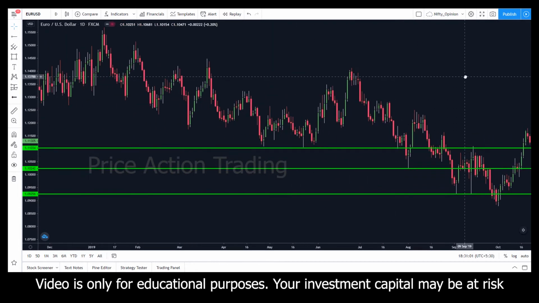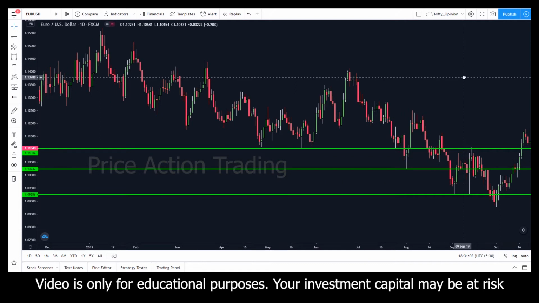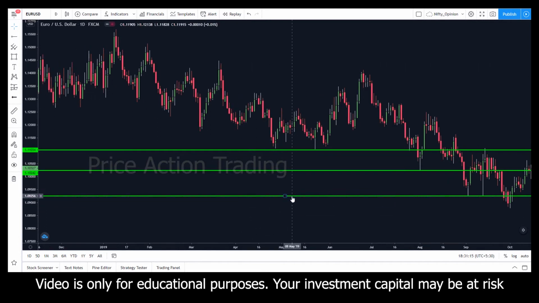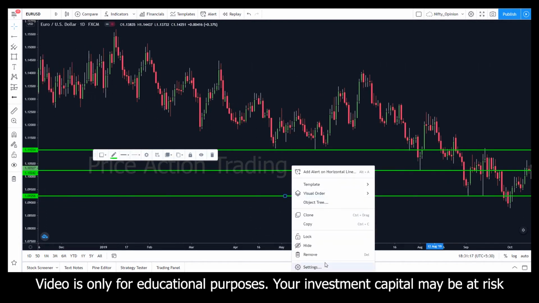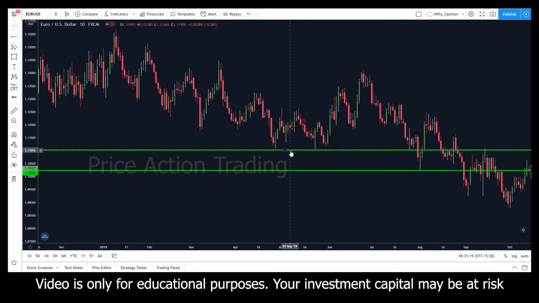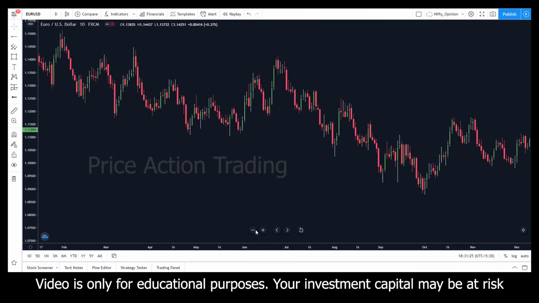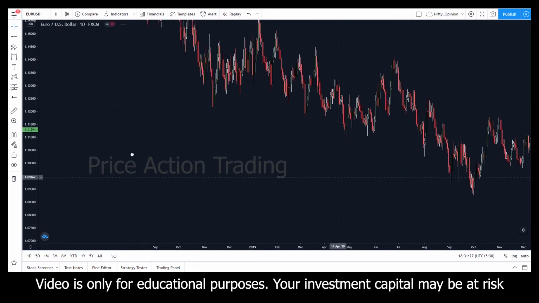So those are the three tips. Now let's combine all three techniques that we have learned so far. Let's remove all the lines. The first technique was to zoom out the chart.